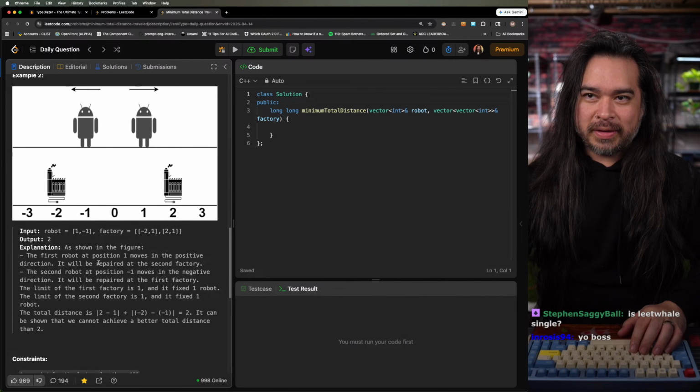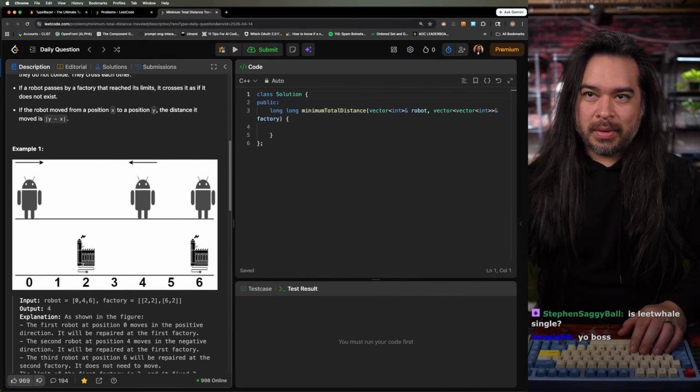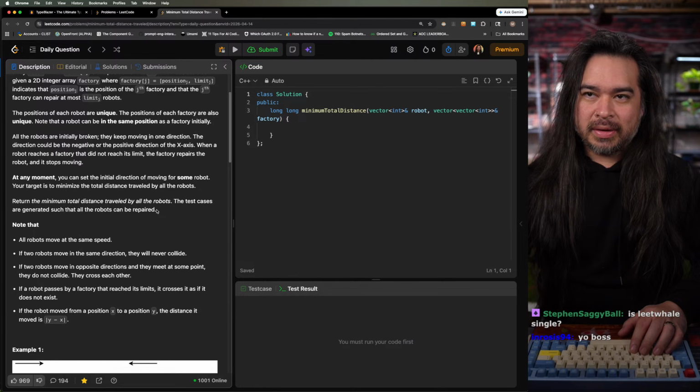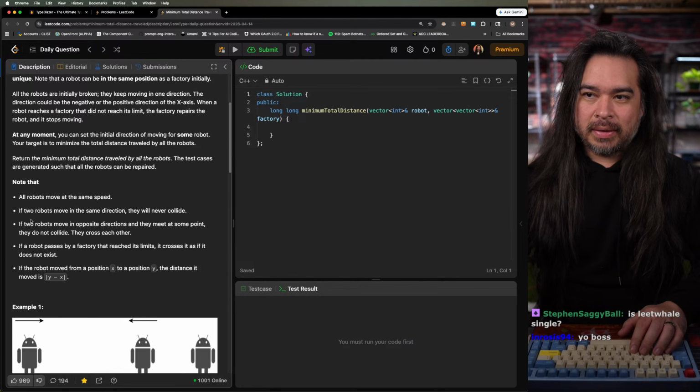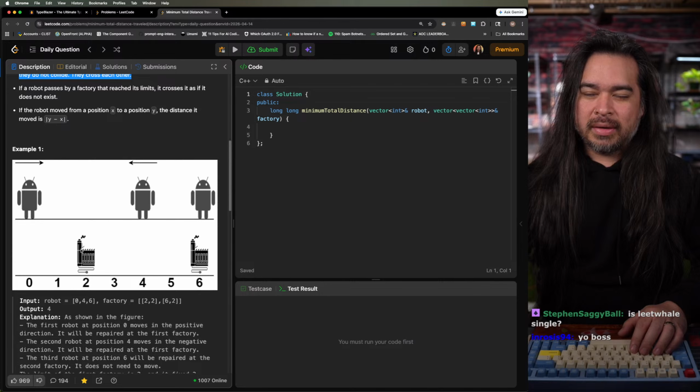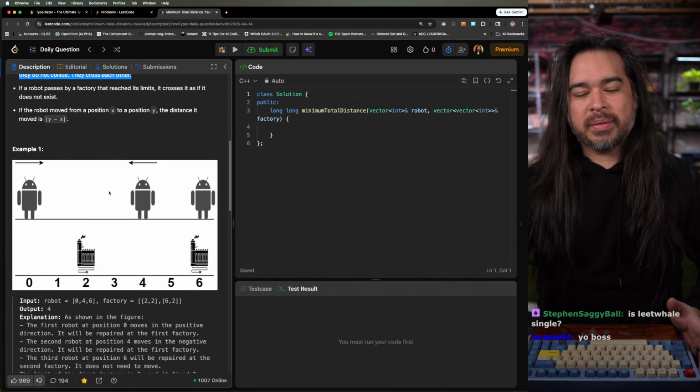How do you solve this, man? I don't even know how this score is calculated. Minimum total distance traveled by all the robots. So I'm just trying to find like the closest factory to each robot.